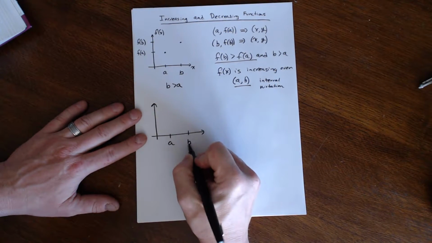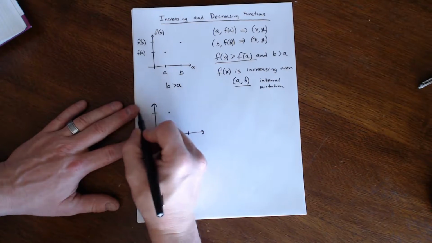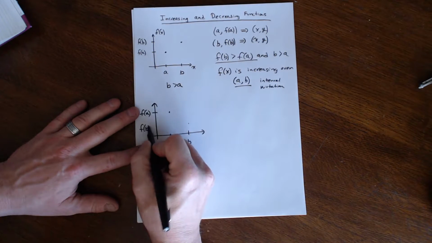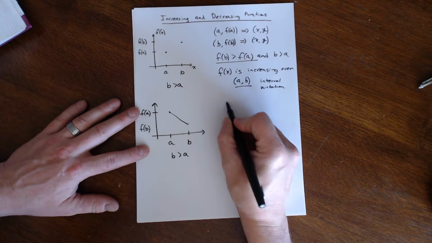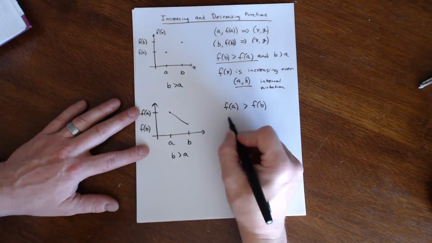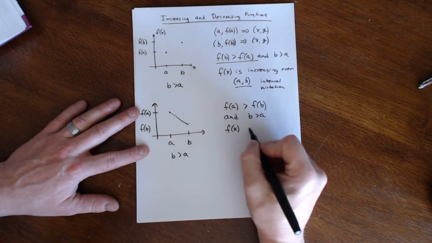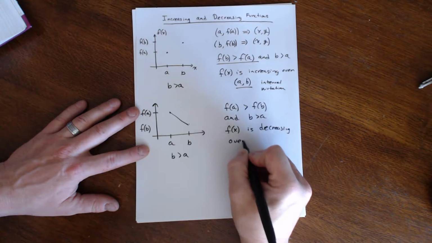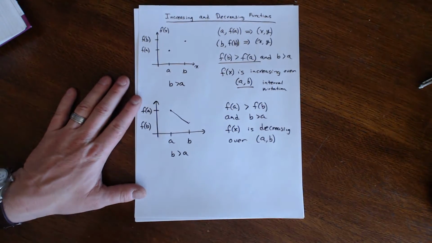We have A, we have B, we know that B is greater than A, but then we have this point here, which represents f of A, and then we have this point here, which represents f of B. We know that this function is such that f of A is greater than f of B. So when these two go together, we say that f of x is decreasing over the interval from A to B.